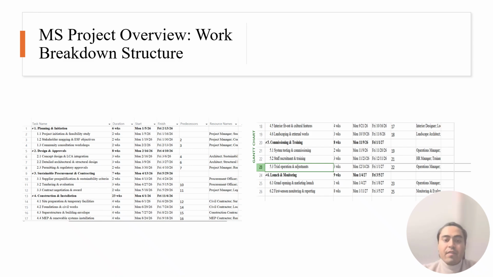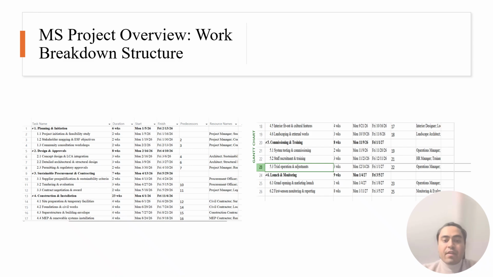The third phase is sustainable procurement and contracting, where suppliers are pre-qualified using sustainability criteria, tenders are evaluated, and contracts are awarded. The fourth phase is construction and installations, which includes site preparation, foundation, structures, mechanical and electrical systems, renewable energy installation, interior fit-out, and landscaping.